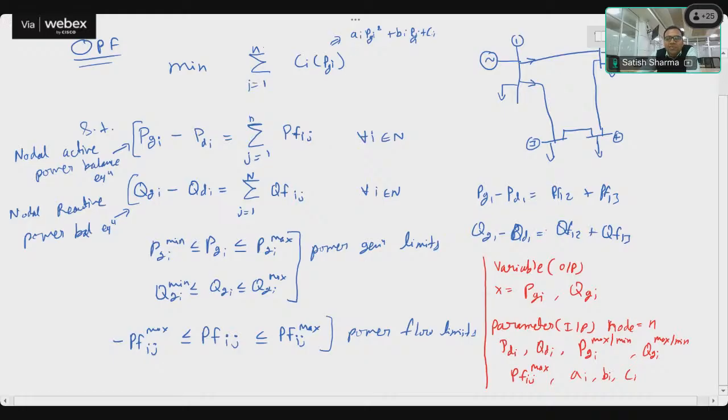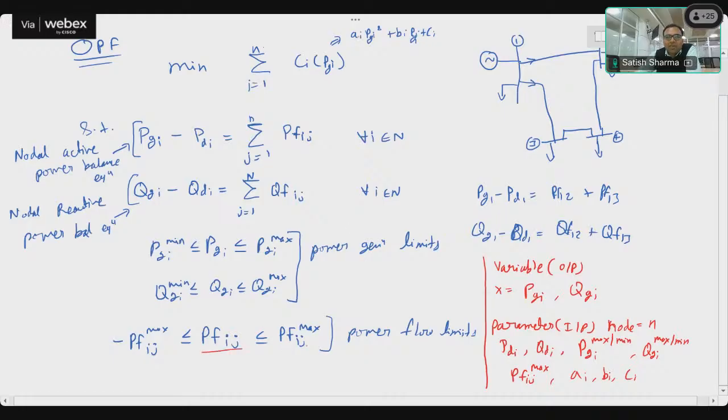Then a, b, and c are my parameters, and some pgi I have written. No, I'm just asking this pf whether it is parameter or variable. That's it. This is what I'm asking. This pfij, whether it is parameter or variable.